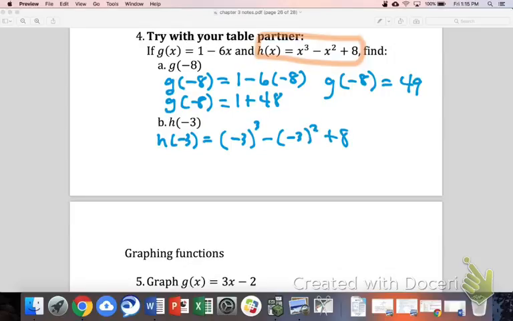These parentheses are going to be really important because we're about to square a negative. As you guys remember, whether the parentheses are there or not makes a big difference. So here we go. Order of operations says I need to do the exponents before I do anything else. So (-3) cubed is -27 minus, what is -3 inside the parentheses squared?